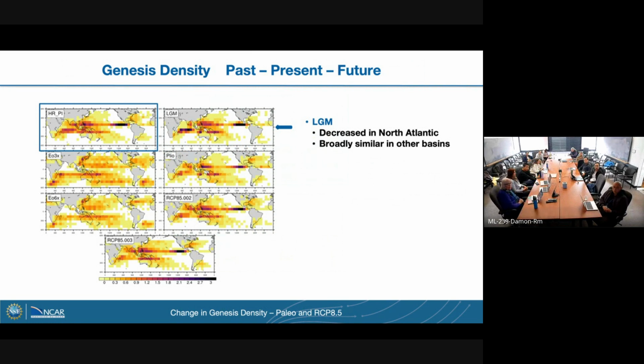So then just some results looking at the ASD simulations. The top left is the pre-industrial again, genesis density. If we look at the last glacial maximum, that top panel there, you can see decreased tropical cyclones being generated in the North Atlantic, but otherwise broadly similar in the other basins.